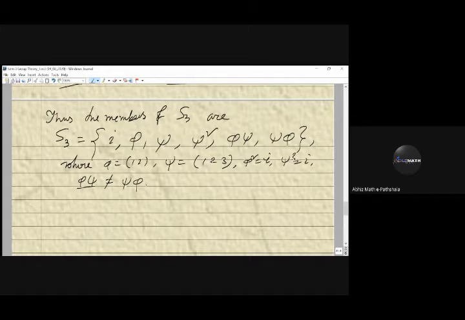This property is again an important one in group theory, emerged out from these examples, and this property is called commutativity.